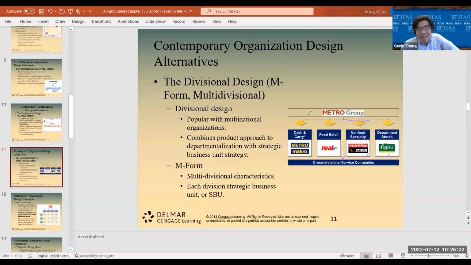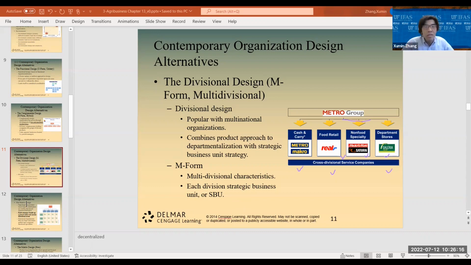My previous company sold the VR, they sold the department stores, and then they sold the Chinese division of Metro Cash and Carry. We call this the SBU, the strategic business unit. We will also mention this when we talk about strategic planning, where we have different levels of planning.